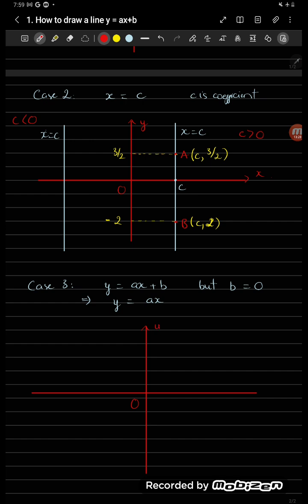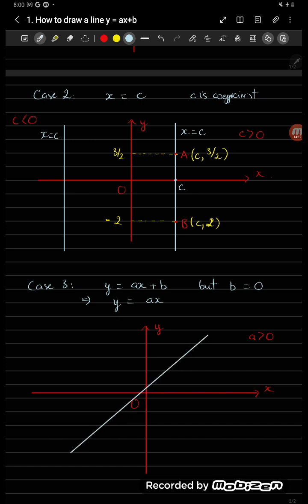This is also special because any line like this always passes through the origin O, where the x and y coordinates are 0, 0. If a is greater than 0, then the line will pass through the origin here.